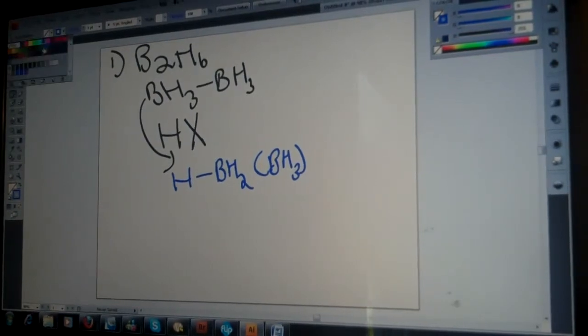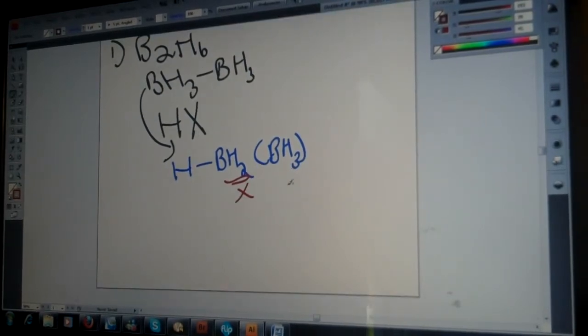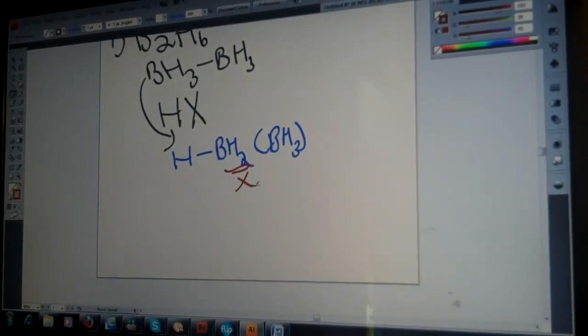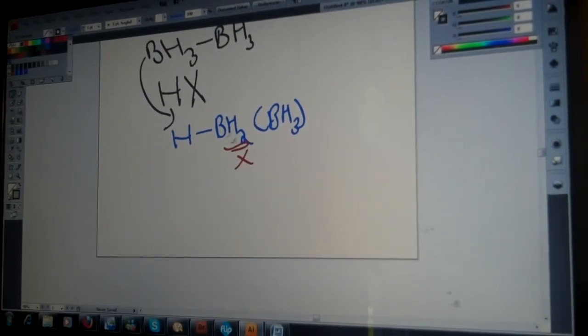So what happens here is that the BH2 acts as the halide group. Because this is anti-Markovnikov, this BH2, which represents the halide group, is added first to the side with the most hydrogens.